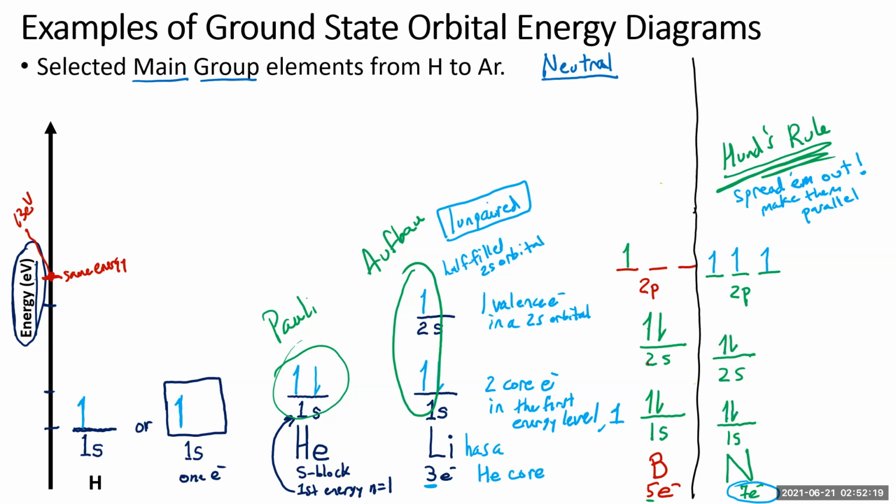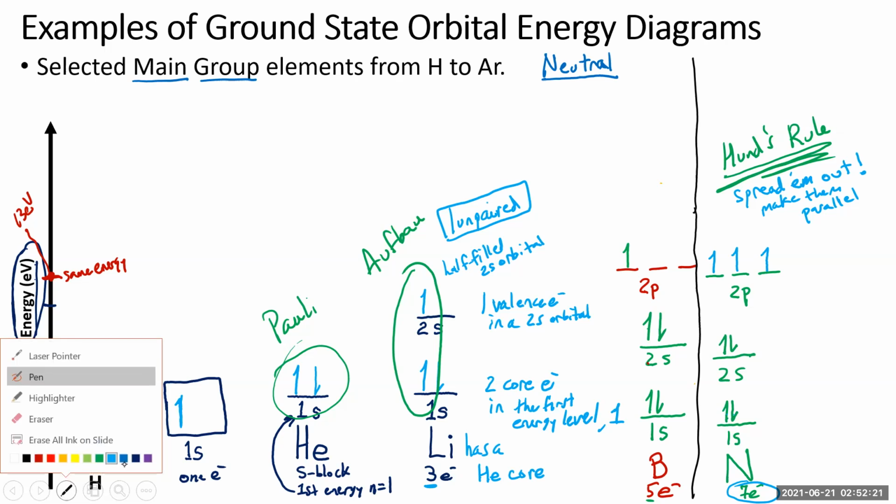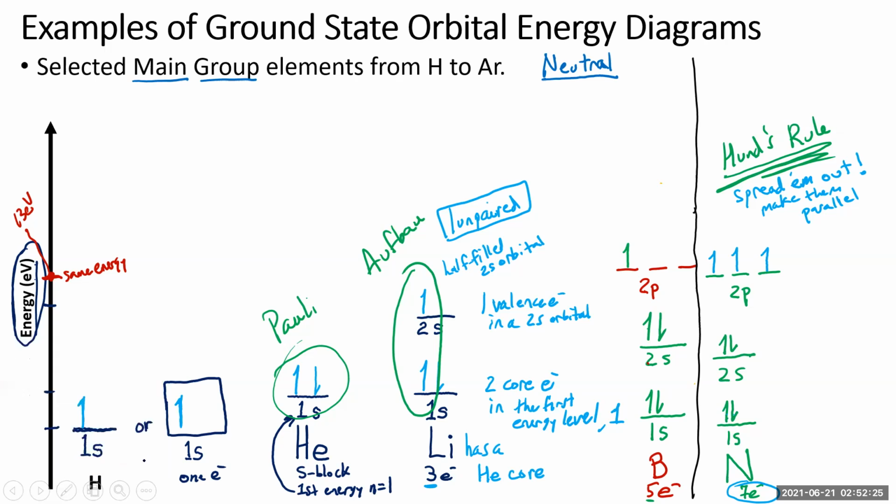Oh, and another thing is just do these little double checks where you just confirm for yourself the core, the valence, etc. I'm going to stop counting the core electrons for now, but I'll leave that to you. But we do have 1, 2, 3, 4, 5. We have 5 valence electrons. 5 valence electrons.